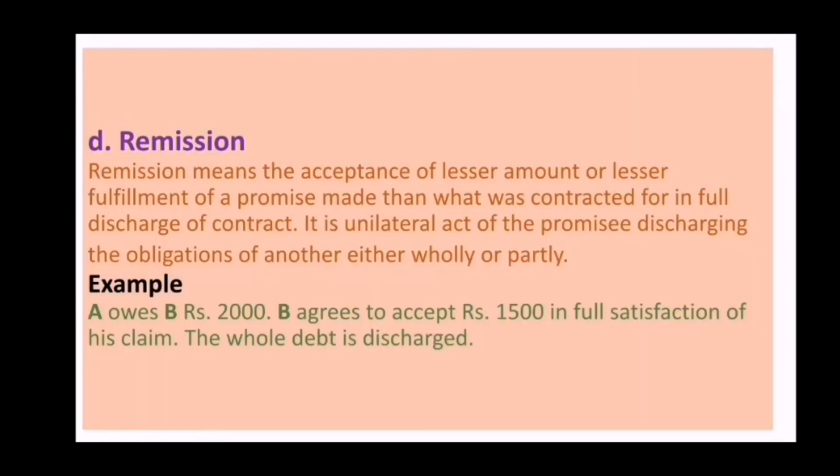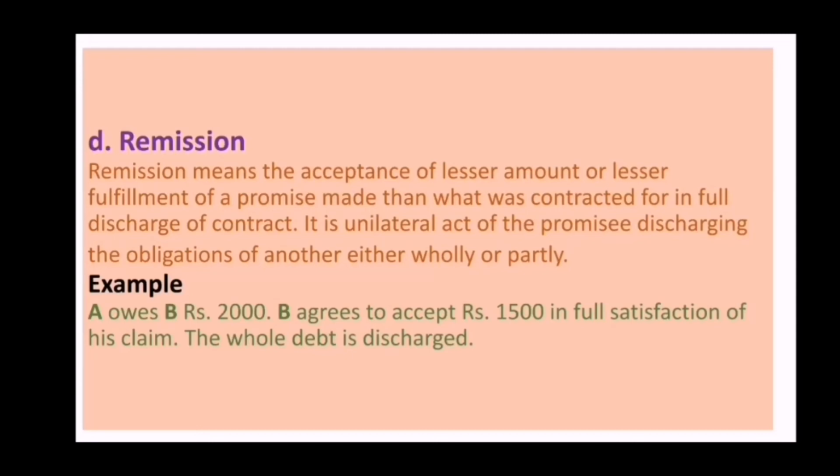The next one is remission. Remission means the acceptance of a lesser amount or lesser fulfillment of a promise than what was contracted for, in full discharge of the contract. It is a unilateral act of the promisee discharging the obligation of another, either wholly or partly.